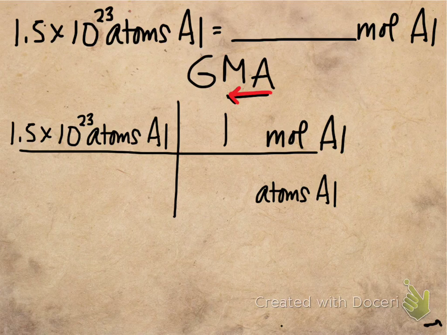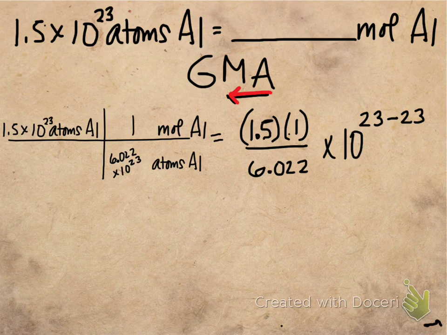So I'm going to stick that 1 in front of moles of aluminum before I do anything stupid. And how many atoms are in 1 mole of anything? I've set up my math. 1.5 times 1 divided by 6.022 times 10 to the 23, minus 23. Oh, our exponents are going to go away.